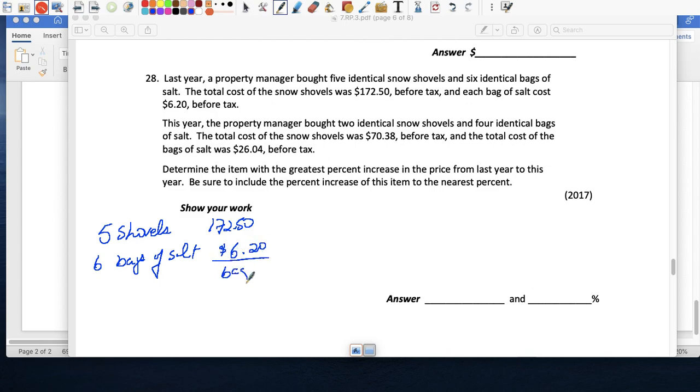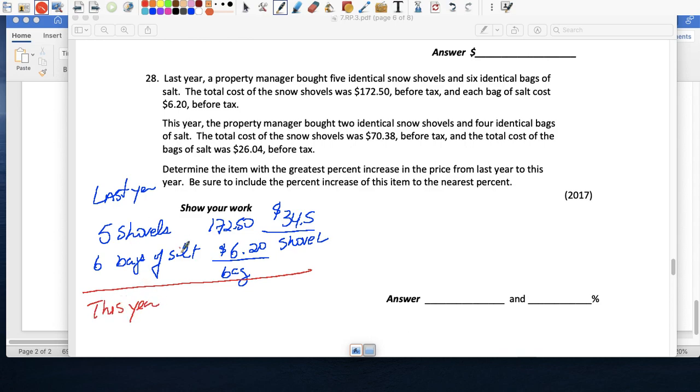So the shovels: 172.5 divided by 5 is 34.5 per shovel. Good. I have the unit rate for both. This is last year. This year, he bought 2 shovels for $70.38, so I'm going to divide 70.38 by 2, which is $35.19 per shovel this year.